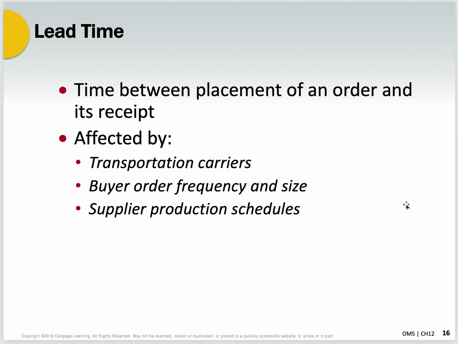When I decide I need to order something from a supplier, I decide today I need to order it, I place the order. From deciding I need to place the order till the goods arrive at the designated location they were shipped to, that's a lead time.